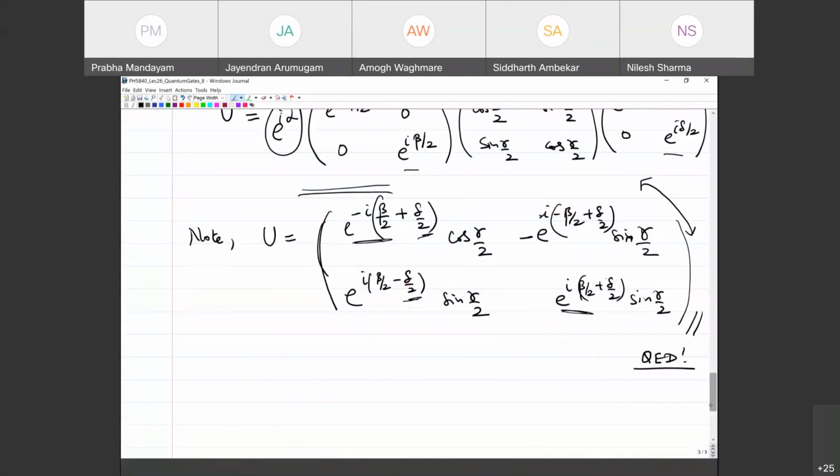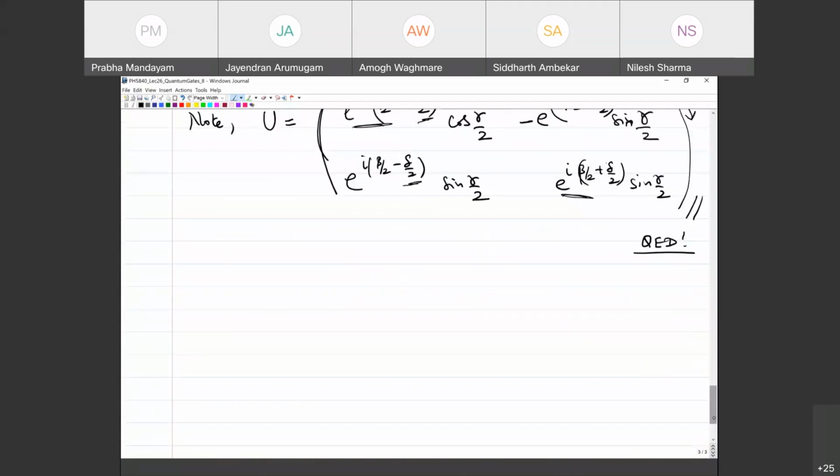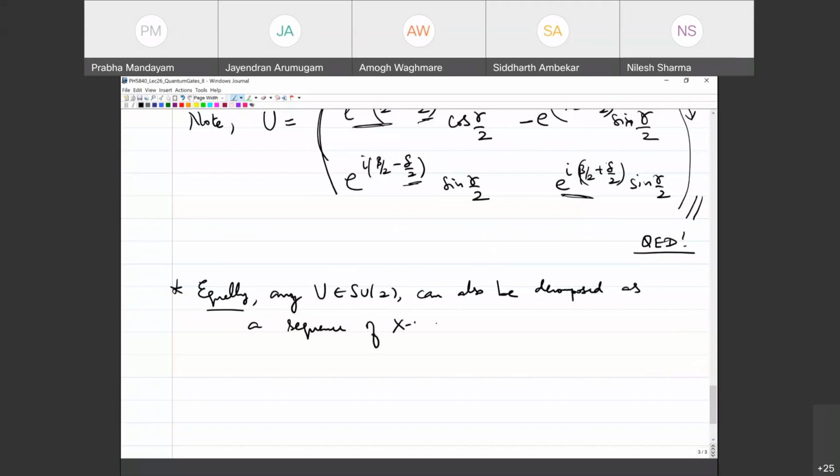Okay, so equally, any unitary belonging to this SU(2) can also be decomposed as a sequence of XY rotations and a sequence of YZ, what we did, XZ rotations, right?